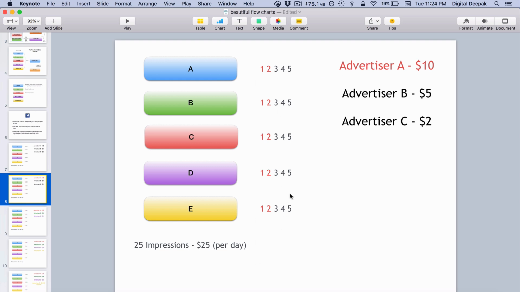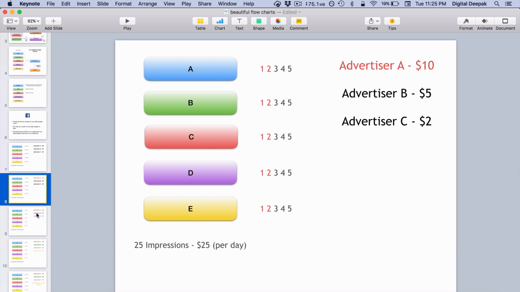And what I think is that since advertiser A has set a daily budget of $10, Facebook is going to give first preference to this advertiser, basically takes this advertiser's bid as the most important, like this is the highest bidding advertiser. So if you are setting a daily budget and are not setting a specific CPC or a specific CPA, which most Facebook advertisers don't do, then this is how it happens.